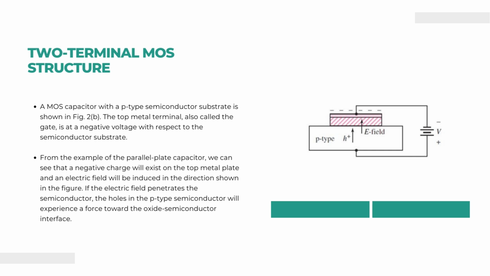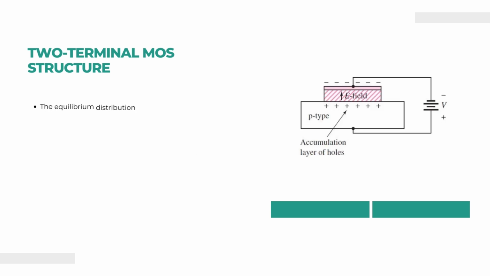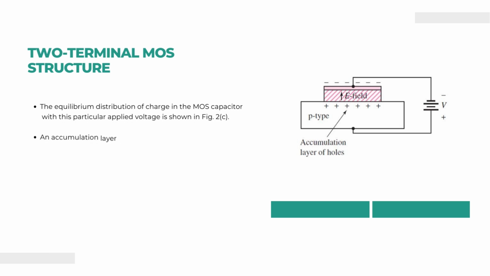If the electric field penetrates the semiconductor, the holes in the p-type semiconductor will experience a force towards the oxide semiconductor interface.